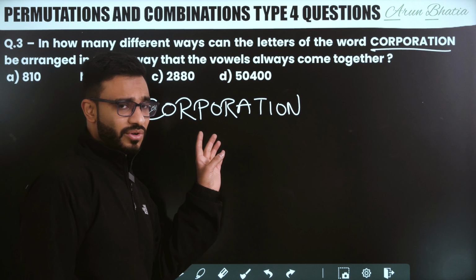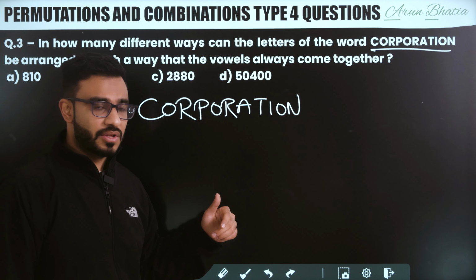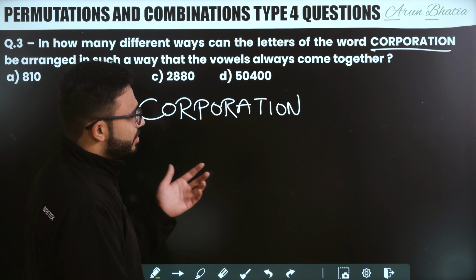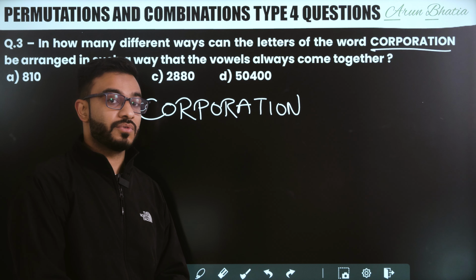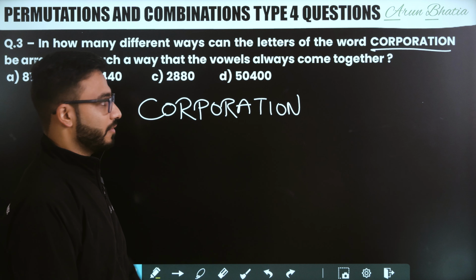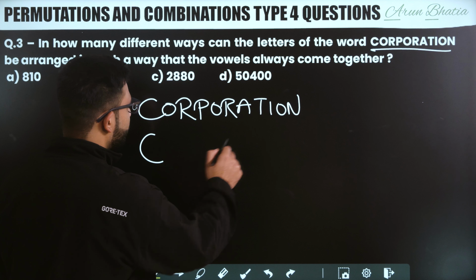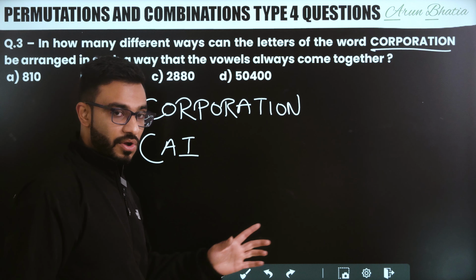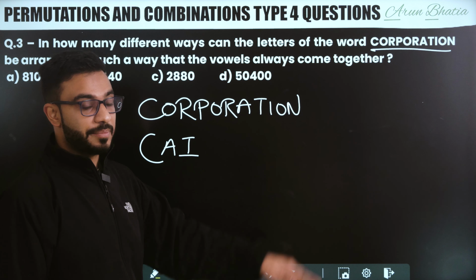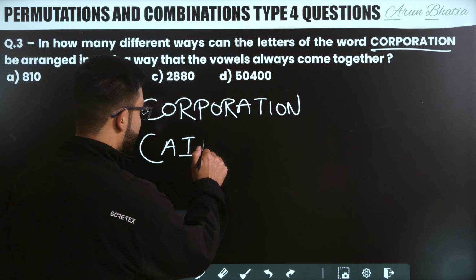Now you can see that in corporation there is repetition in vowels as well as the consonants. So, as you can see, these questions are already nested. There were 2 layers, now there are 4 layers instead of 2. So this is a little bit more involved. So let me write down the vowels first. There is I and A, which are non-repeating, and you can see O is repeated 3 times. So just for the sake of simplicity, I'll write down O 3 times.